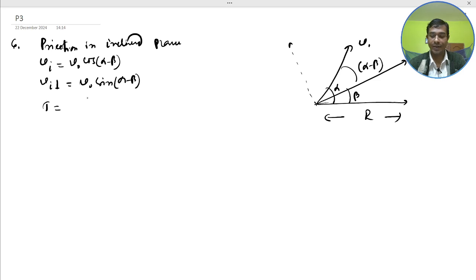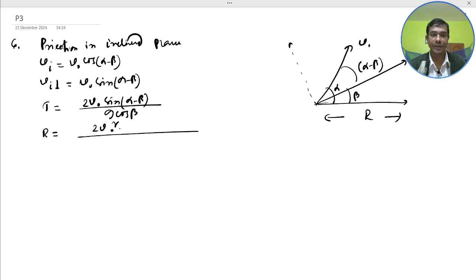Total time of flight is 2 V naught sin of angle alpha minus beta divided by g cos beta. Horizontal range capital R is 2 V naught square sin alpha minus beta cos alpha by g cos beta, and the range on inclined plane x is R by cos beta.